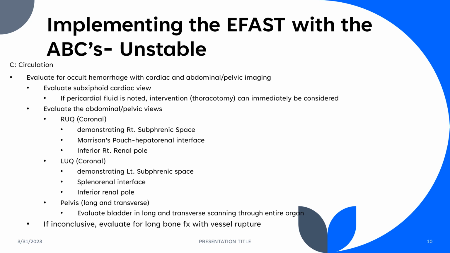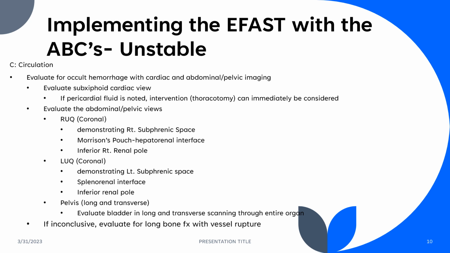Now, if the patient is still unstable in their circulation and all of the evaluation of the abdominal area is coming up inconclusive, it might be prudent to look for long bone fracture with vessel rupture, which is going to be most common in the pelvic or femoral area.